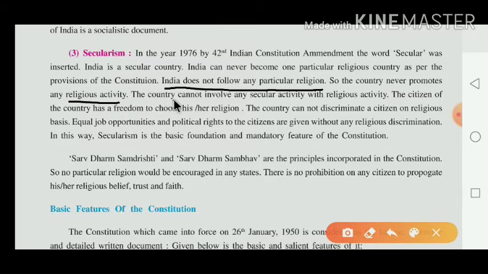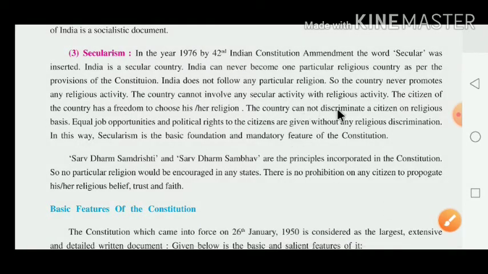The country cannot mix any secular activity with religious activity. The citizen of the country has the freedom to choose his or her religion, so any citizen of our nation has the freedom to choose his or her religion.